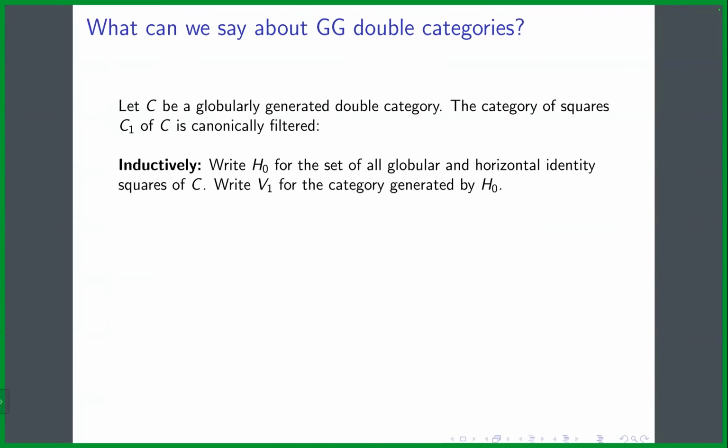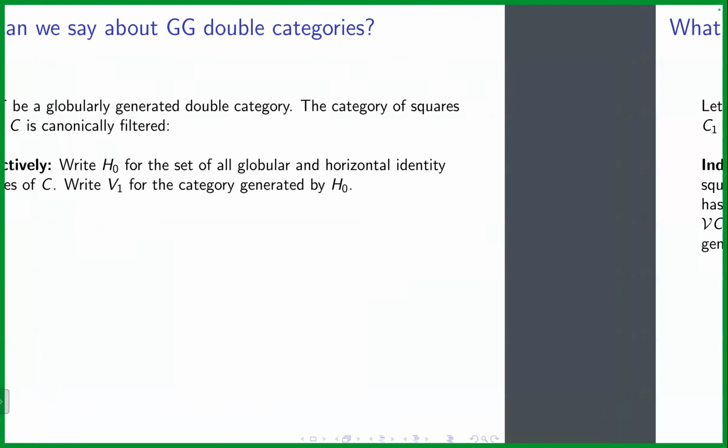We define this filtration inductively. So we first write H0 for the set of globular and horizontal identity squares of C. Then we write V1 for the category generated by H0, the subcategory generated by H0 in the category of squares of C with vertical composition.